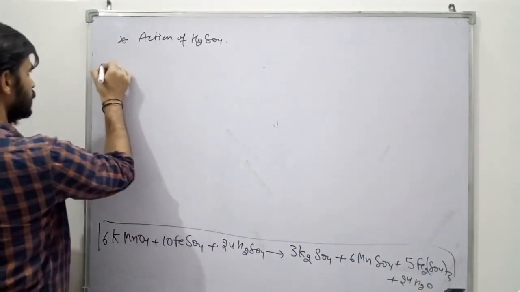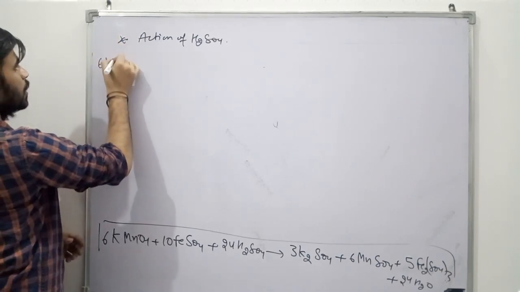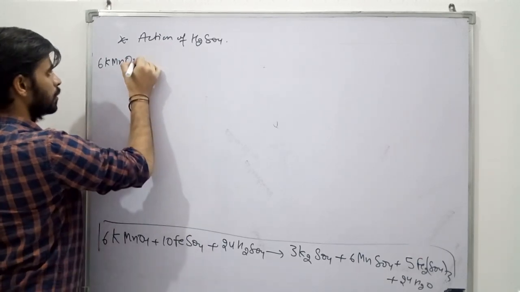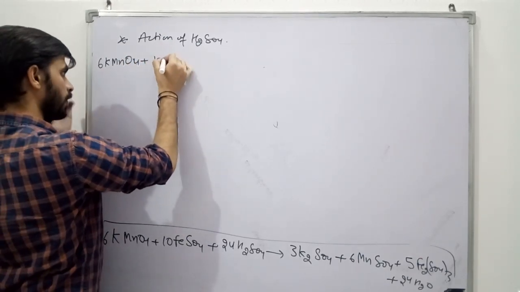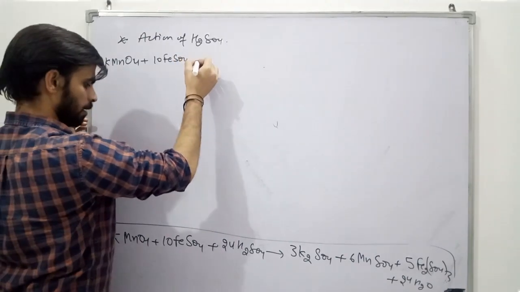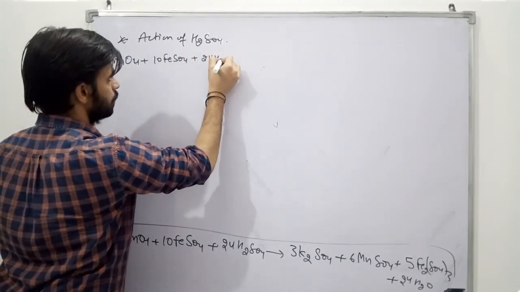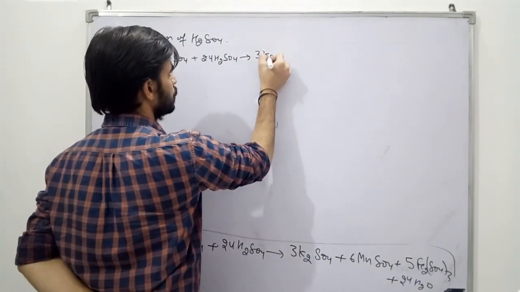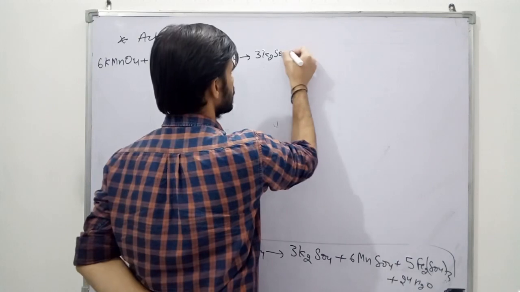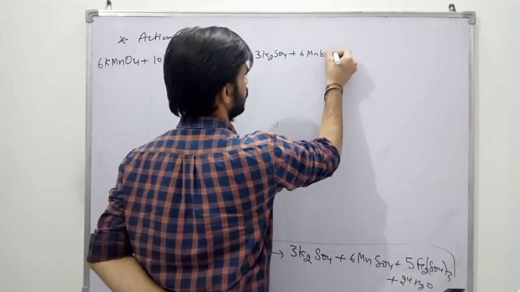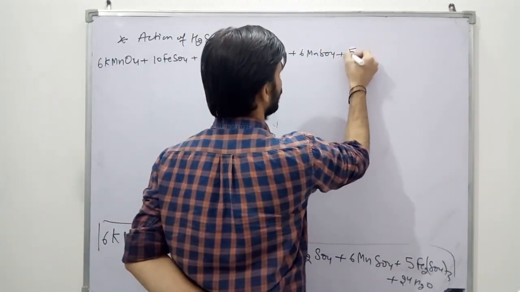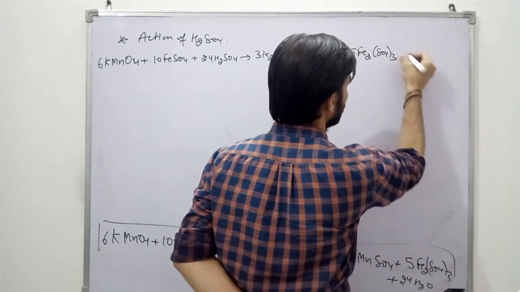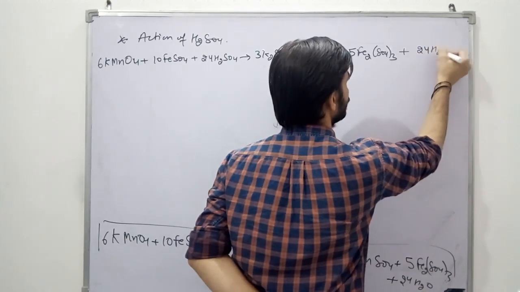So as we have 6 times KMnO4, 10 times ferrous sulfate plus 24 times H2SO4 giving 3 times K2SO4, 6 times MnSO4, 5 times Fe2(SO4) whole thrice and 24 times H2O.